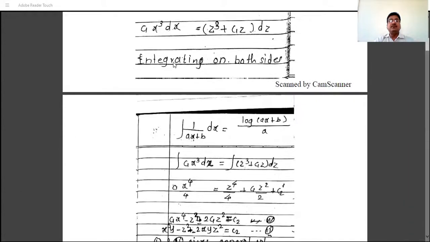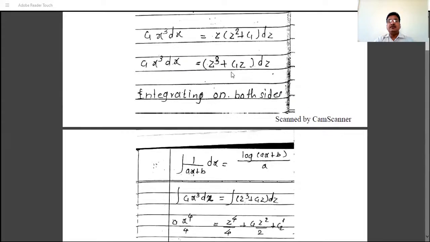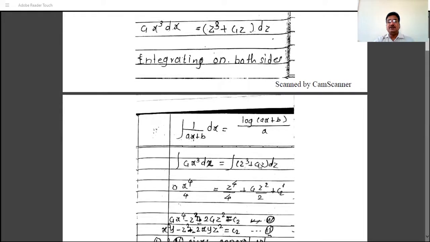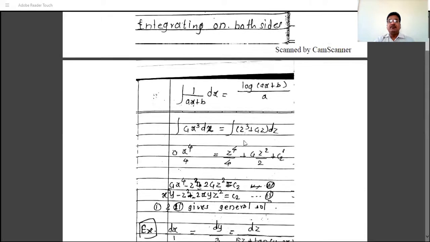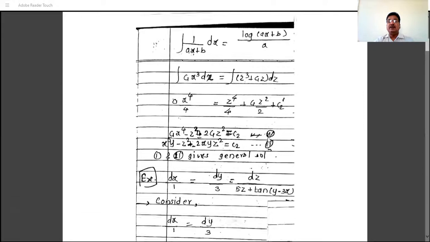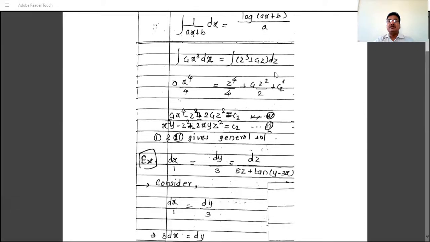And integration of x cube is x raised to 4 by 4. And the integration of dz, z is the variable, z cube plus c1z. The integration of z cube is z raised to 4 by 4, and the integration of z is z square by 2.